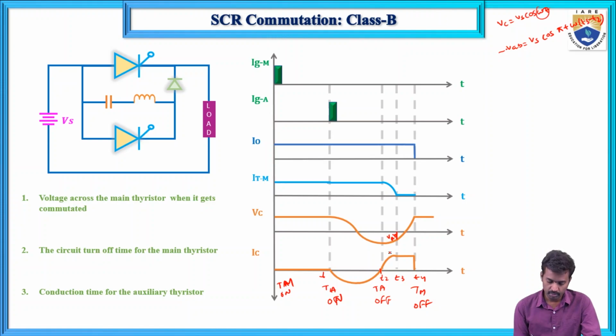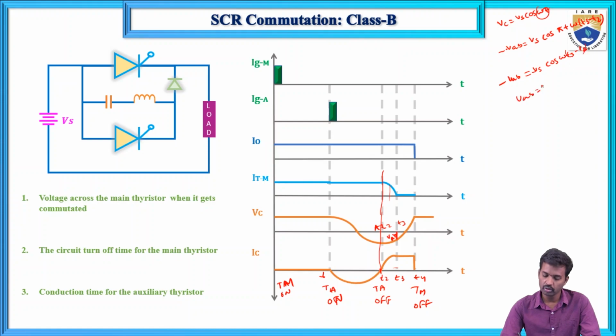Omega, this is pi up to here. This is pi, this is T2 and this is T3. Pi plus T3 minus T2, this duration. Now here Vs minus VAB, Vs cos equals minus Vs cos omega T3 minus T2.